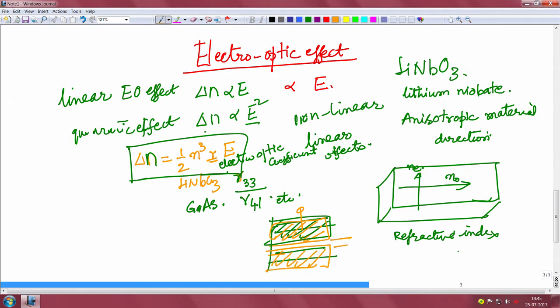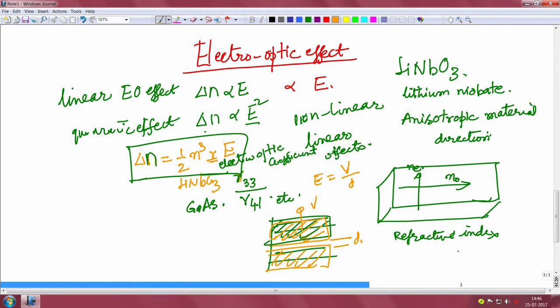There is a small gap between these electrodes, and if the voltage applied is V, we can express E in terms of V by d. Of course, we have to solve the electrostatic problem to find out what is the actual nature of the field, but d is the gap.